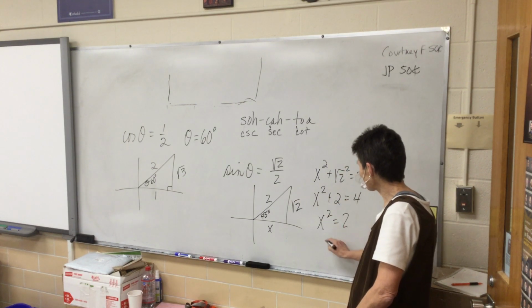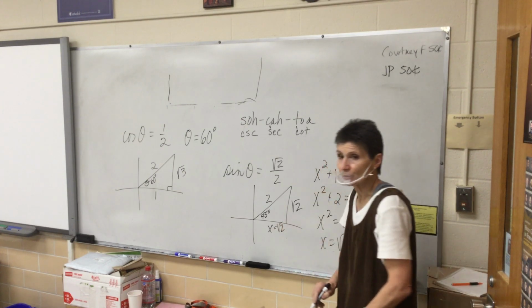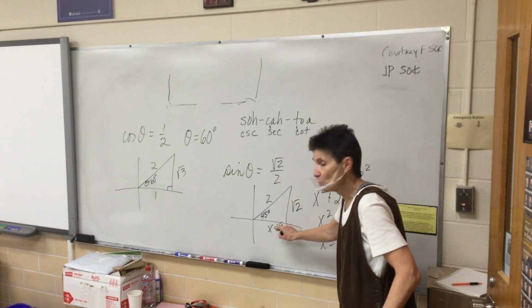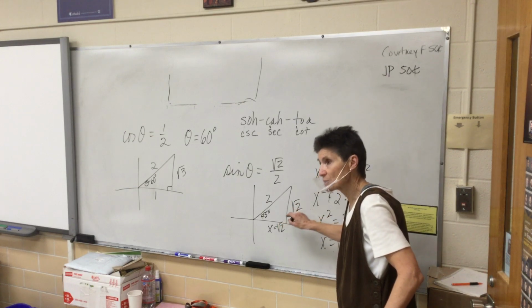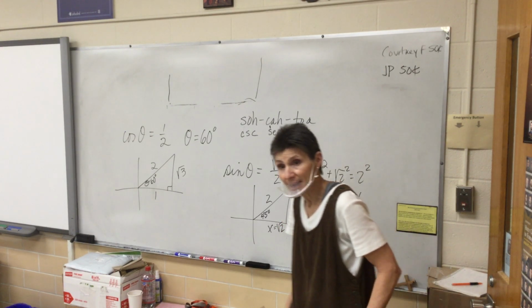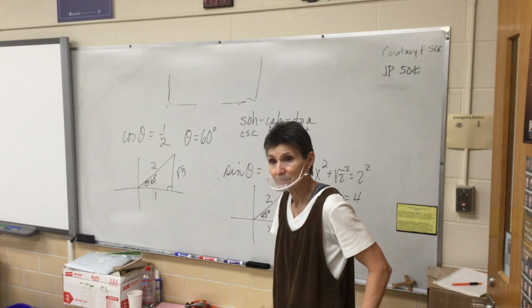That missing side turns out to be the square root of 2. Notice these two are the same. When those two sides are the same, it's an isosceles right triangle, which means it's 45, 45, 90.